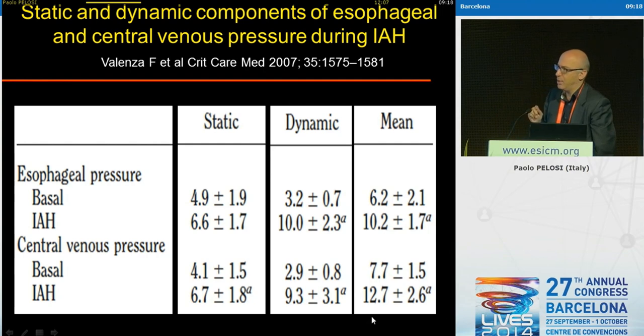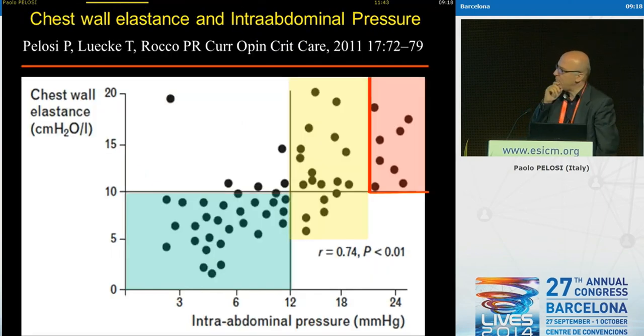So we have two messages here. When we increase intra-abdominal pressure, there are no changes in the esophageal pressure at end expiration, and this is linked to what Gattinoni showed before. And this can have a major impact on the absolute value of intravascular pressure that we will discuss a bit later, which is the relation in patients between the chest wall elastance or compliance, sorry, because of some studies looking at the chest wall elastance, and intra-abdominal pressure.